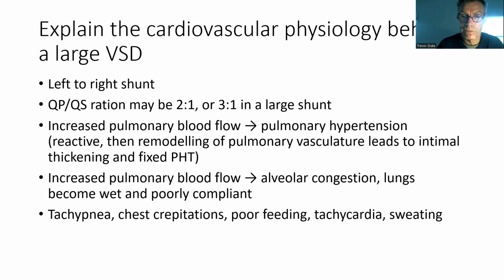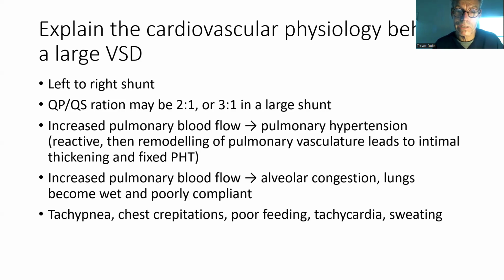We rarely see Eisenmenger syndrome these days. Usually ventricular septal defects are picked up much earlier, of course, and the babies have an operation, or if it's a small VSD, then they're not going to develop severe pulmonary hypertension usually anyway, or the VSD will close spontaneously.